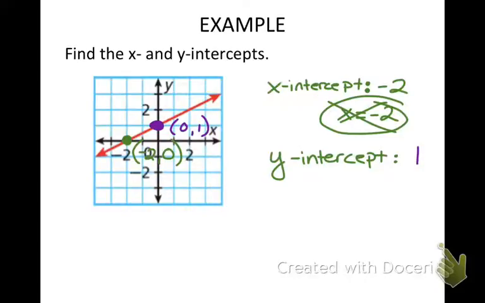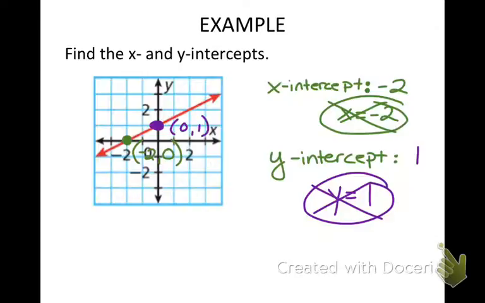Do not write your answer y equals 1. I will not count that. It's not the equation y equals 1. It's a coordinate, 1. Got the difference? Don't do that.